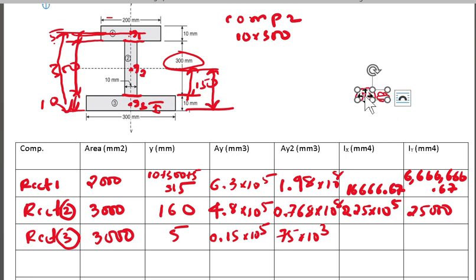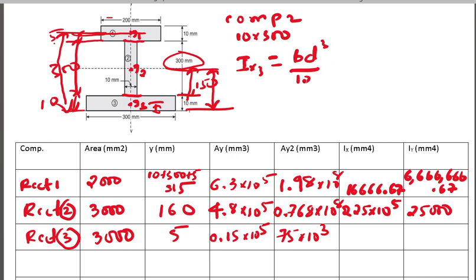So here, first write down the formula. The formula will be Ix3. Ix3 means moment of inertia about the centroidal x-axis of component 3. The formula is bd cube divided by 12.